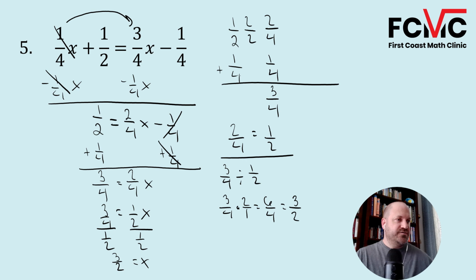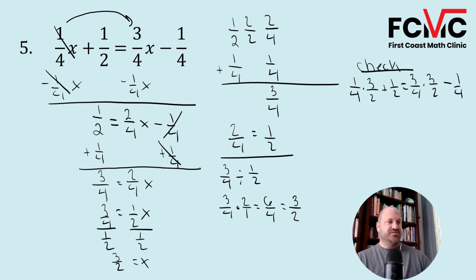So for our check, which I'll do up here, so 1/4 times 3 over 2 plus 1/2 equals 3/4 times 3 over 2 minus 1/4, right? So I'm substituting in my value for x and x.